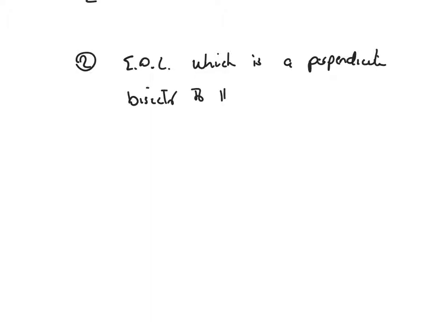Okay, example 2. Find the equation of the line which is a perpendicular bisector to the line joining A 4, 7 and B 10, 7.